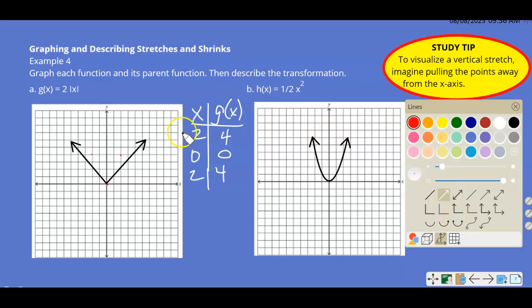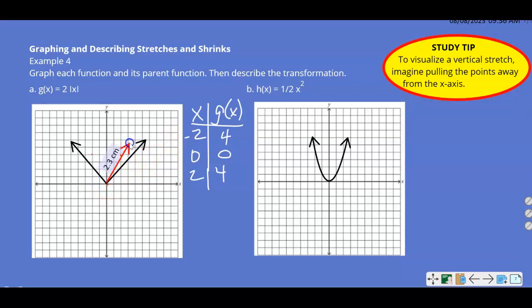Don't have a V shape, so I have to draw it using 2 lines. You can see that is g of x equals 2 times the absolute value of x. So it is that V-shaped graph, but you can see how it is pulled away from the x-axis.